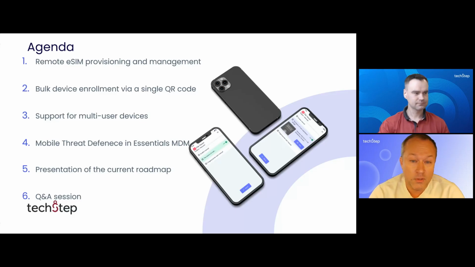And next, we'll walk through several important upcoming changes, including adding devices using a single QR code, support for shared devices, and mobile threat defense built into Essentials MDM, a really powerful extra layer of security available directly in our console and application. Finally, we will present the current roadmap. Let's get started.